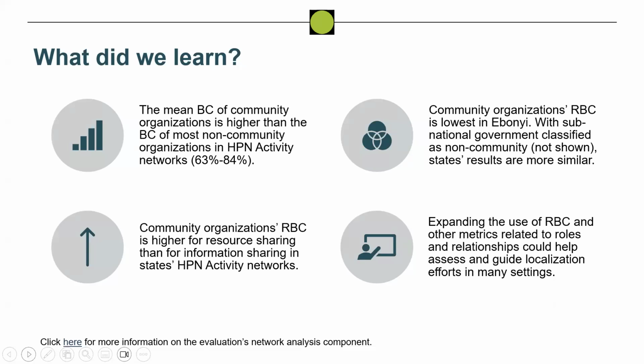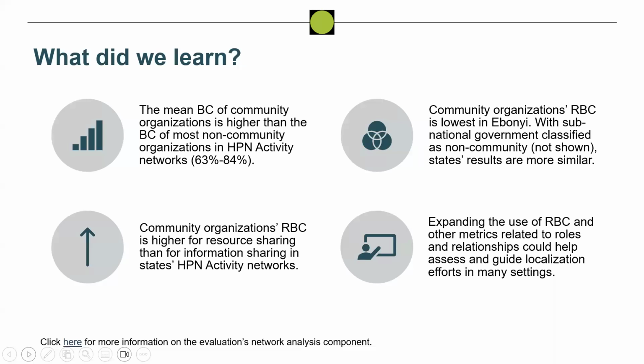Also, community organizations have higher relative centrality for resource exchange than for information sharing. So a program that relies heavily on information exchange to function effectively or to sustain itself might want to focus on strengthening these networks. But again, across the board, community groups are already quite highly central.